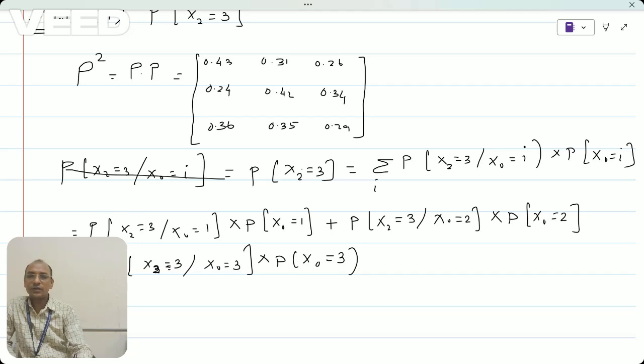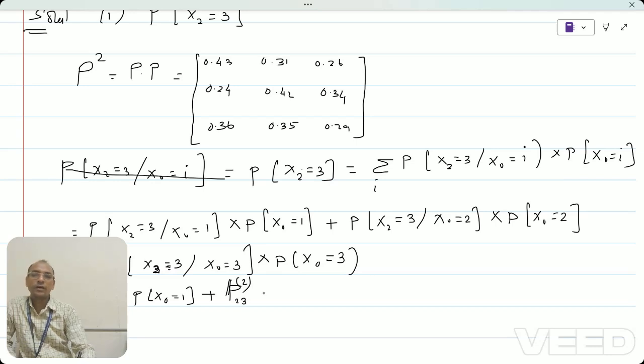So we denote it as P13 in step 2, and this is multiplied by the probability of X0 equal to 1, plus P23 in the second step into the probability of X0 equal to 2, plus P33 in the second step into the probability of X0 equal to 3.